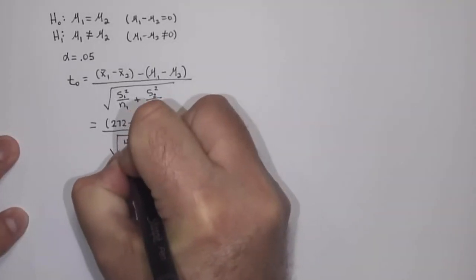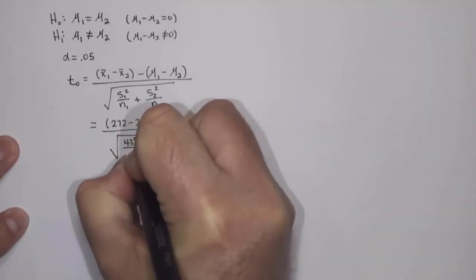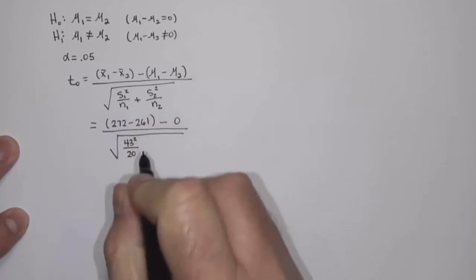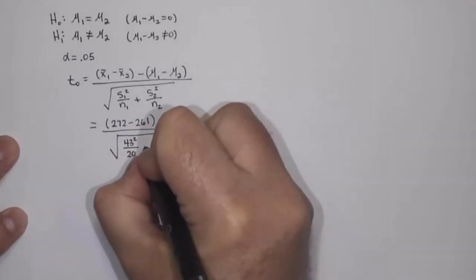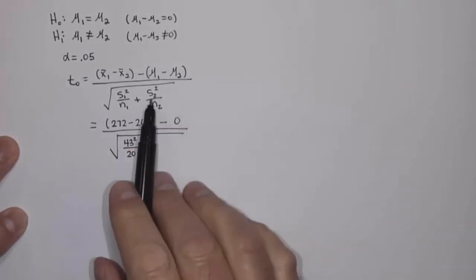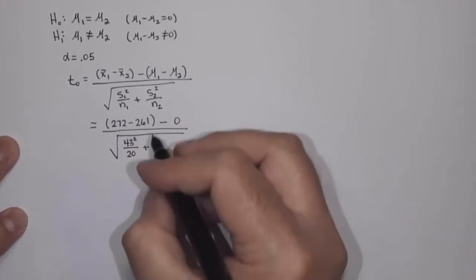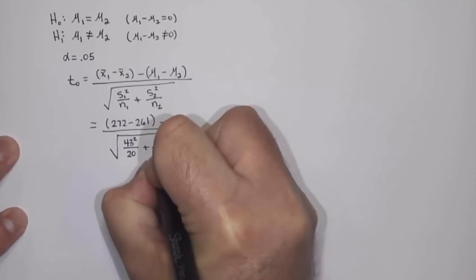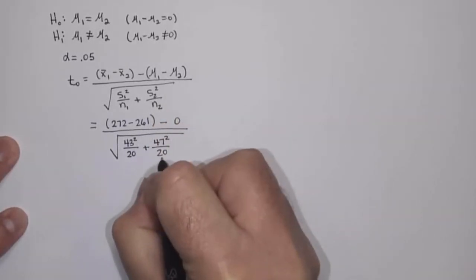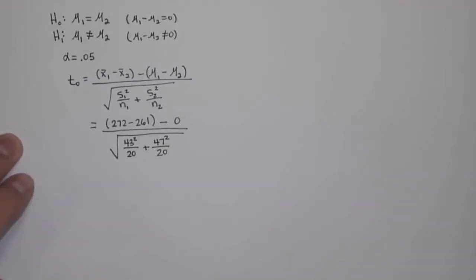So I'm going to have 43 squared divided by 20. Again, we were told the sample size for the business travelers was 20. Plus, the standard deviation for the leisure travelers was 47. So we're going to have 47 squared divided by 20. Again, the sample size for the leisure travelers was 20. So I need to do this calculation, and I'm going to have my calculator.